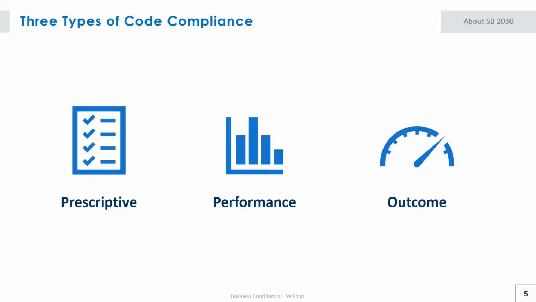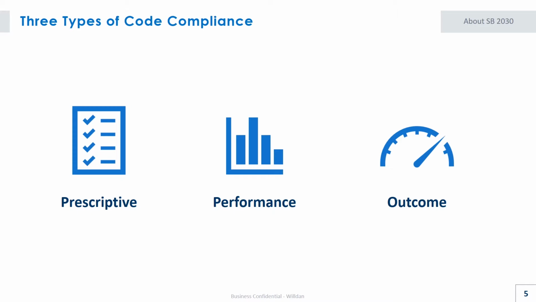There are really three types of energy code compliance methods. The most common is called prescriptive, and it's essentially a checklist of items that you need to accomplish in your building to be considered code compliant. If you do these 16 or 32 things, you're code compliant.